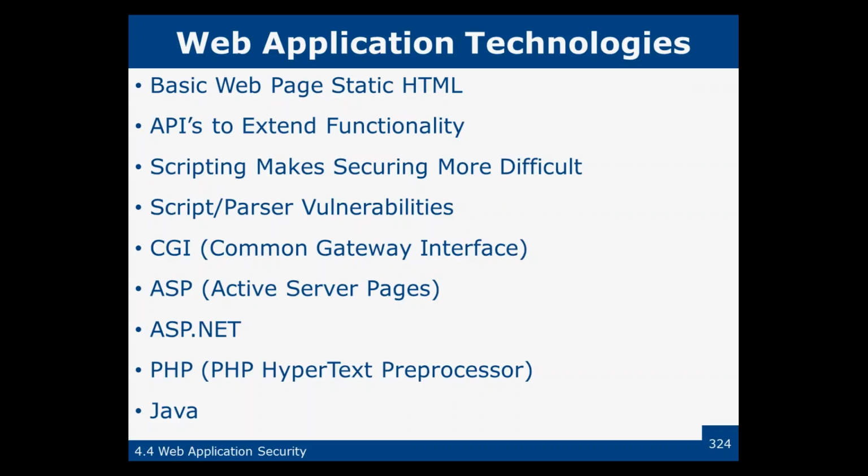The user completes the form and submits it, and then the form uses a POST or a GET method to transfer the data supplied by the user to the server. The server calls an executable program or a script, and then the program processes the input and gives an output, which passes back through the web server to the user.